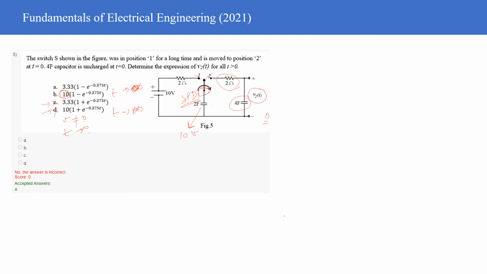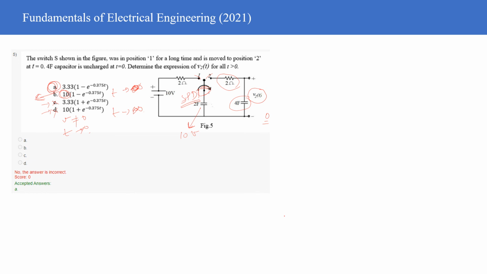So this can also not be the case over here, right? So the only option which is remaining with you is option number A, and that is the correct answer.